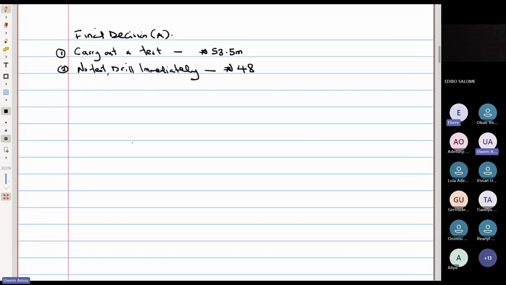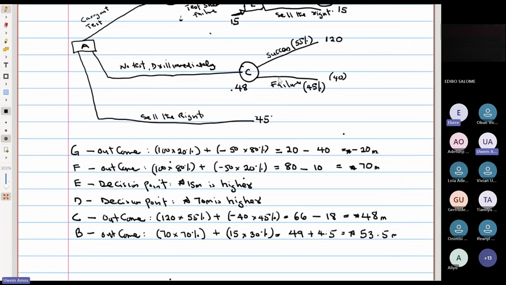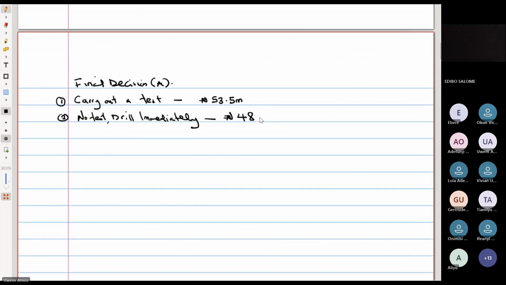We sell the right, what's the value? 45. So there's no test, we're selling immediately. We're not doing any test. So let me just put no test so that it distinguishes from the other part where we have sell rights. So no test, sell the rights immediately.